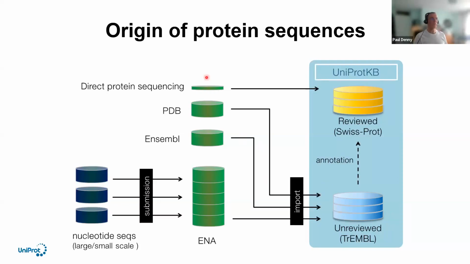But we do have protein sequences and nucleotide sequences which are from other sources, so direct protein sequencing, which some labs do. PDB, the structure database, we get data from them, and also from the genome browser Ensembl. And all of this data gets amalgamated together, and some of the redundancy is taken out of it.